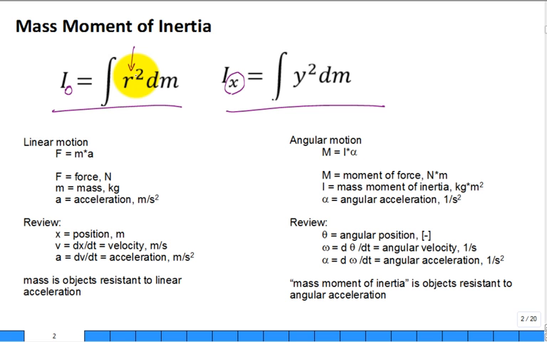That's r squared dm. Or here is the distance from the axis in 2D. So linear motion, angular motion. All of these hopefully have been a good review for you. The mass moment of inertia is an object's resistance to change in its state of angular motion, whether or not it's going to accelerate or decelerate.